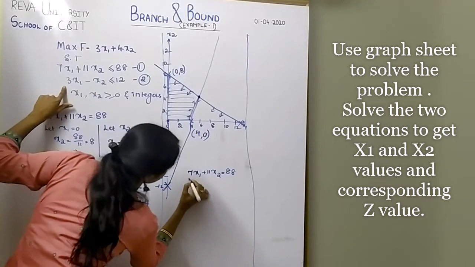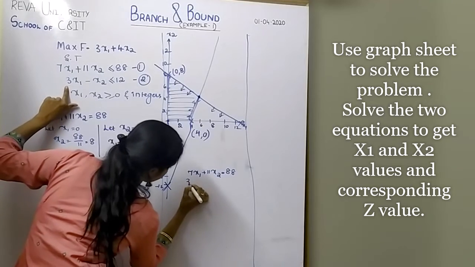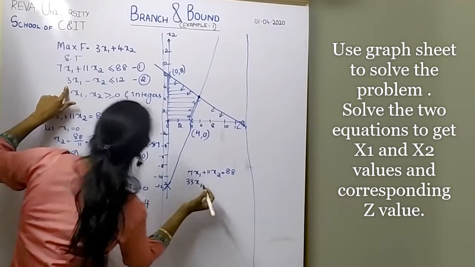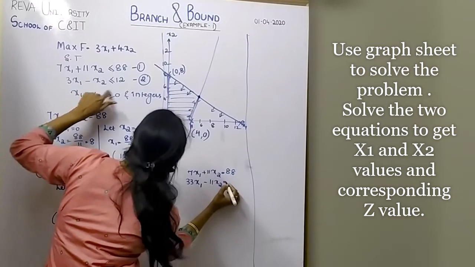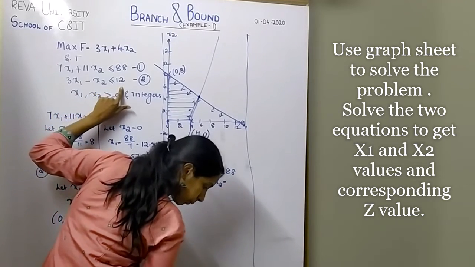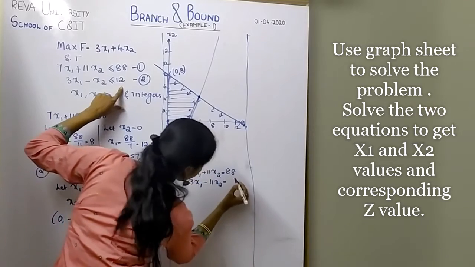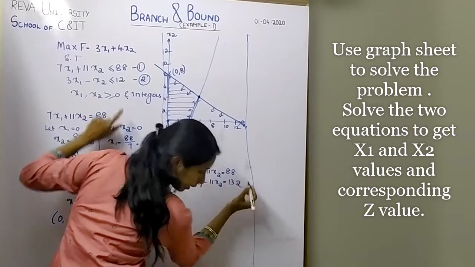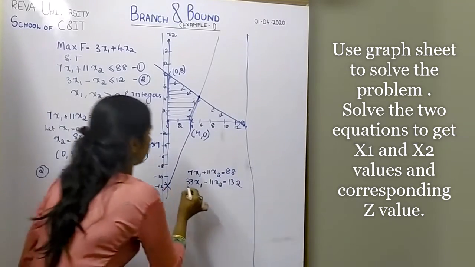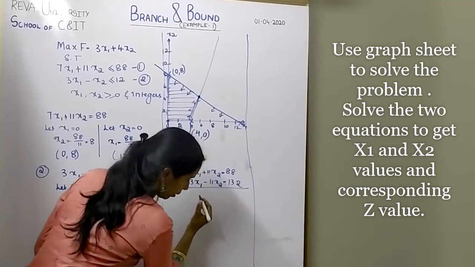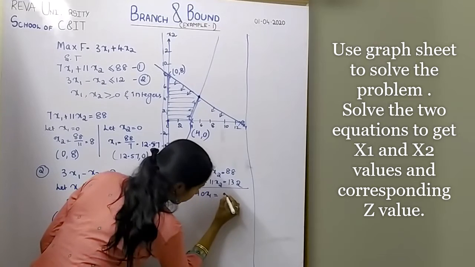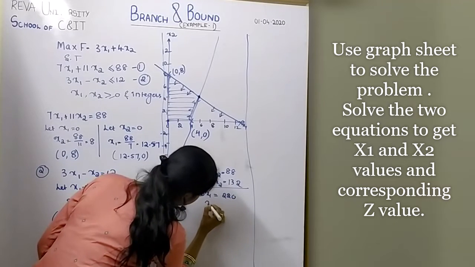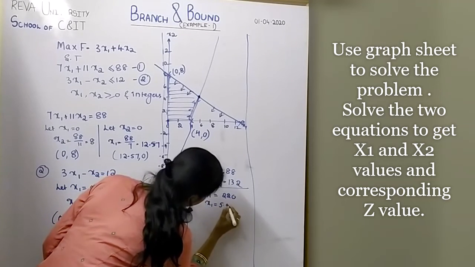So 11 into 3, 33x1 minus 11x2 equal to 11 into 12, which is 132. Now if you solve these equations, you will get 40x1 equal to 220 and x1 is equal to 5.5.